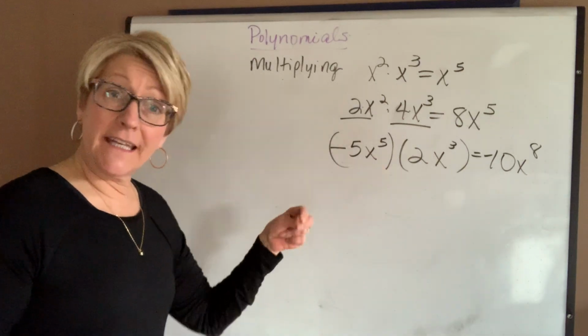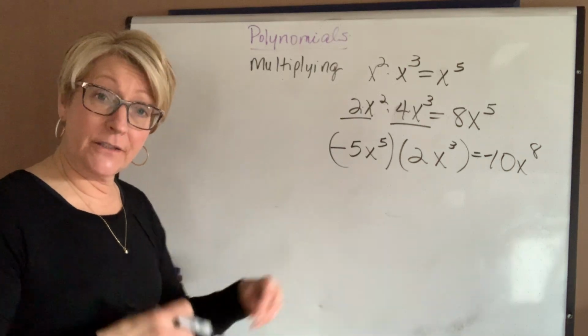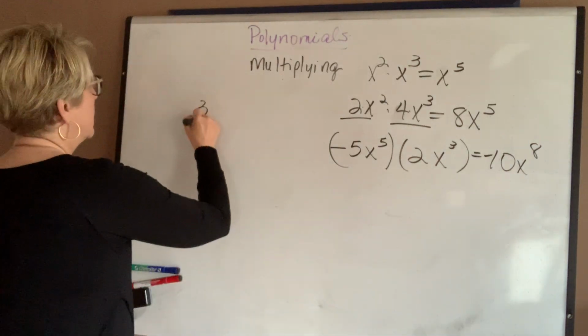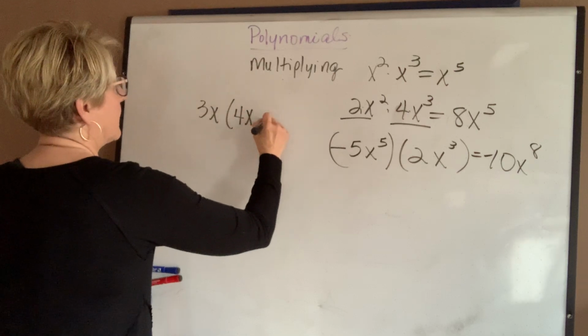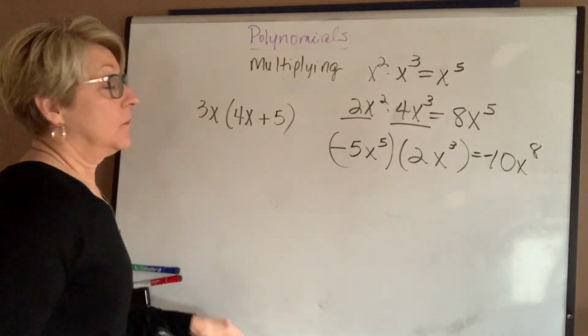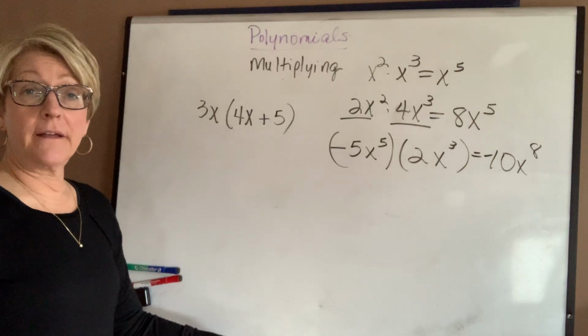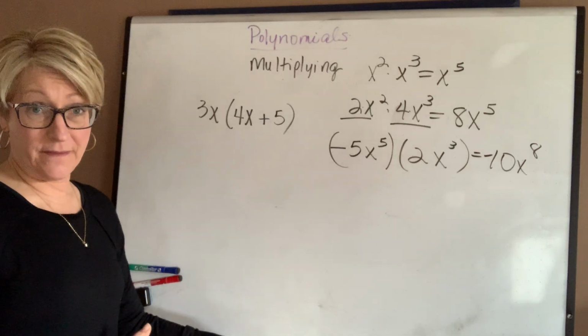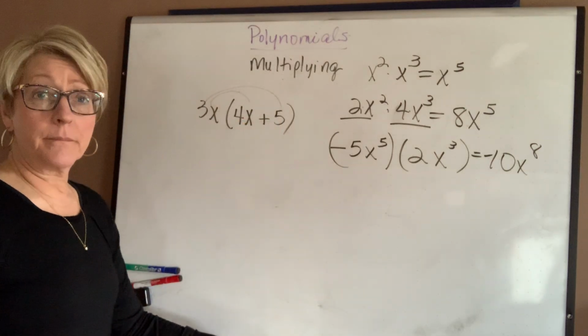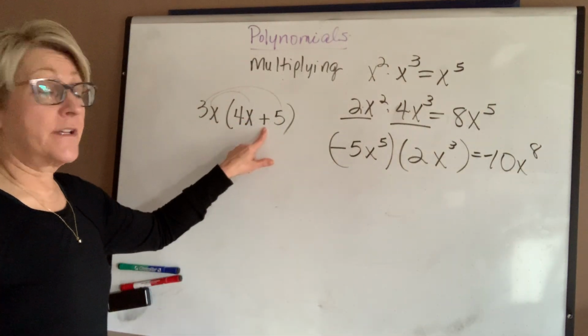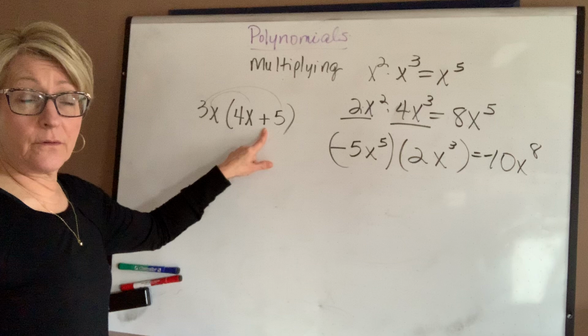We're going to take that idea and expand it a little bit. For example, what kind of a problem is this? Again, we're familiar with this sort of thing. This is a distribute problem because there's an addition in the middle.